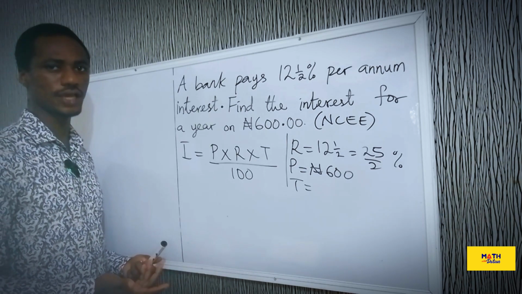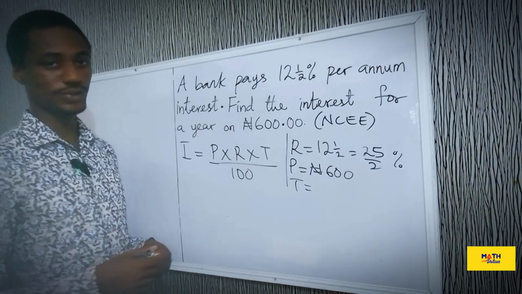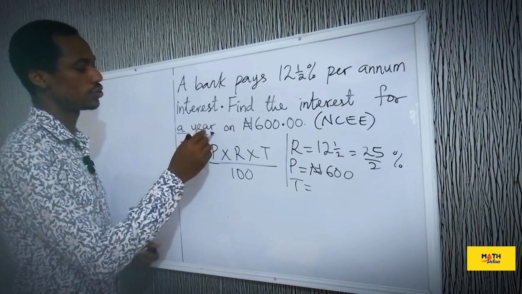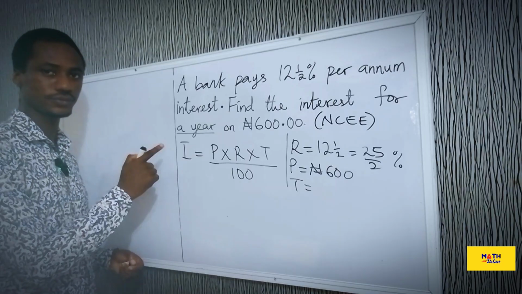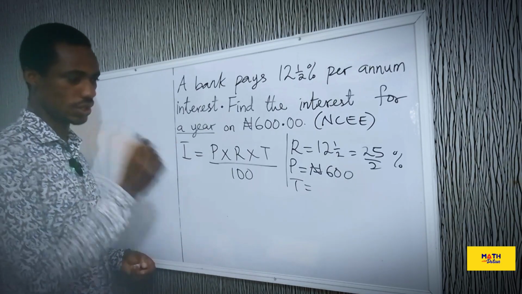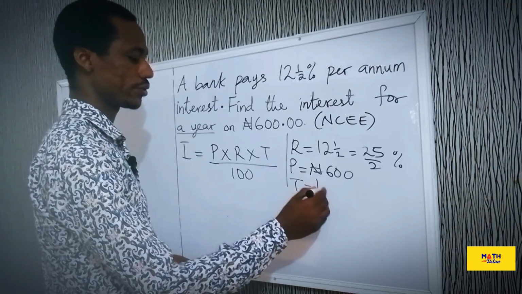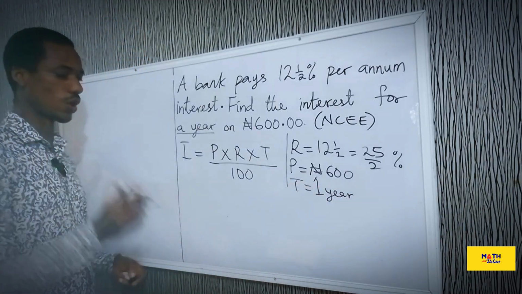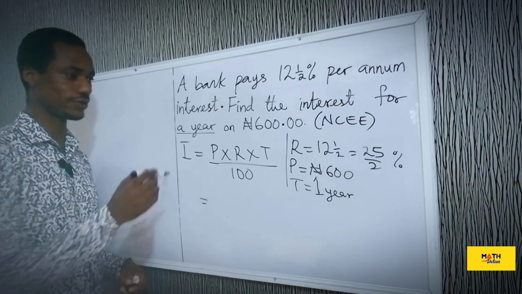So I'm looking for the time, because the time is not given in number. But pay attention here. You have a year. So that's how many years? 1. So that's just 1 year, right? So the time is 1. Let's load that into our formula and calculate.